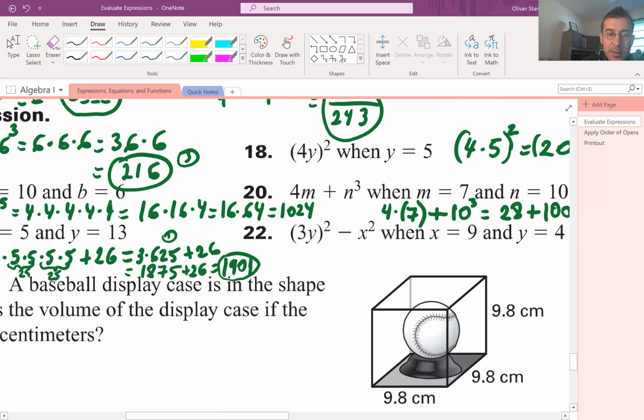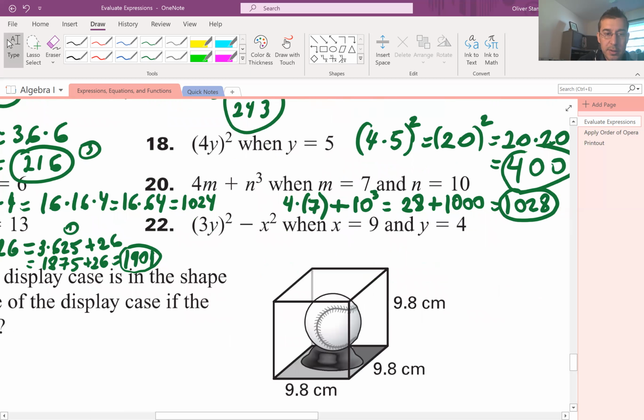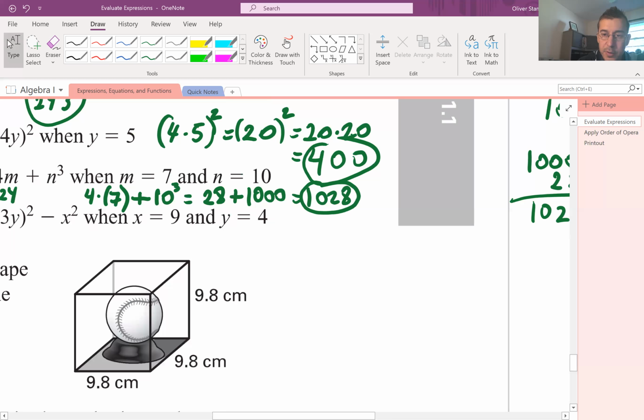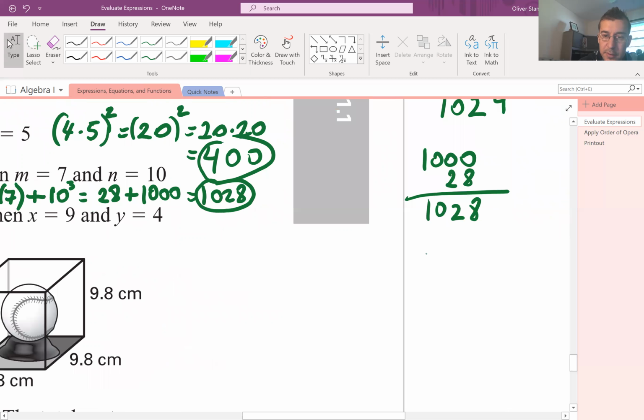Let's do it here on the side so you can see that that's the correct answer. 1875 and 26. But I'm just going to say 25 and then plus 1.